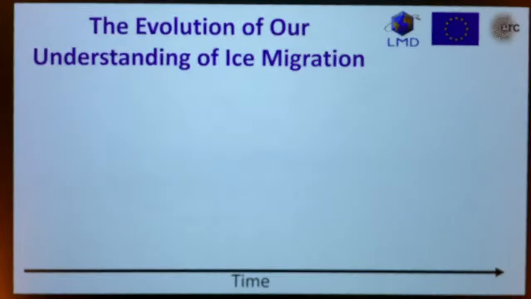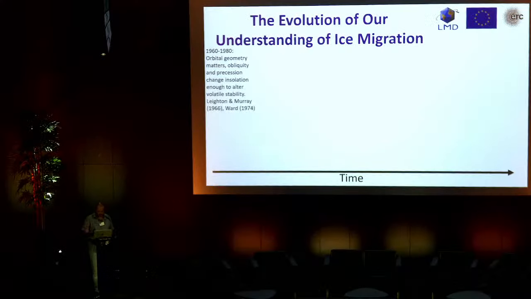Over the years, our understanding of how ice migrates due to orbital configuration has changed drastically. In the 1960s to 80s, we understood that the orbital geometry matters, and that obliquity and precession change insolation enough to alter ice stability. This was work by Leighton and Murray and Ward.